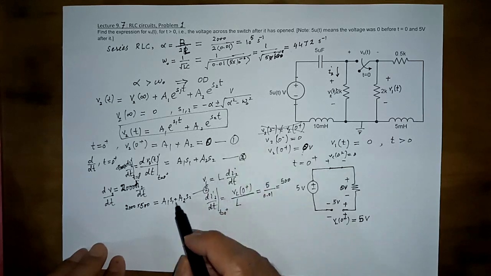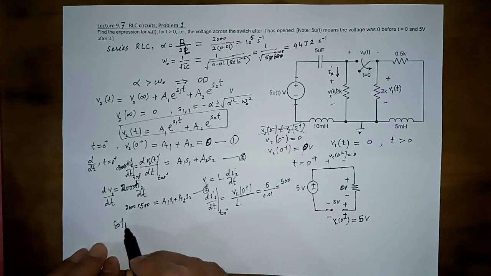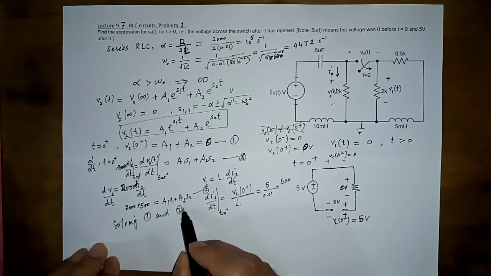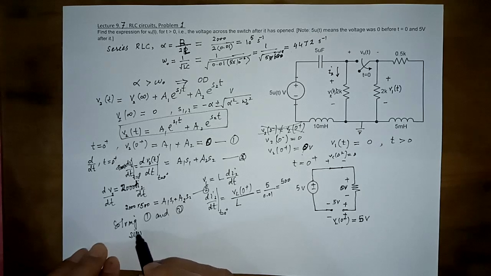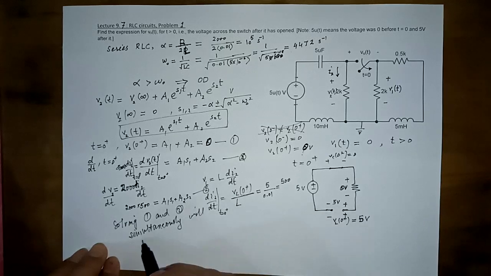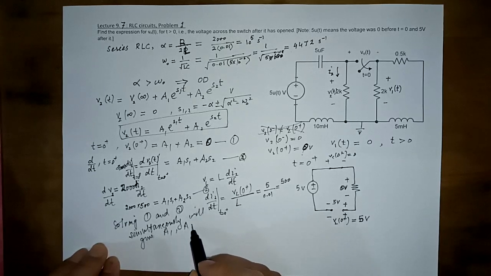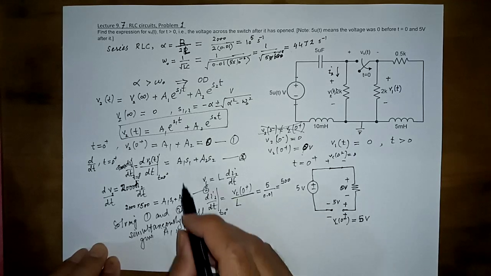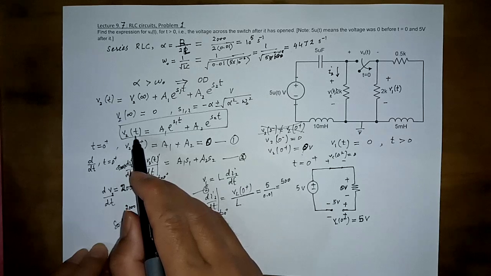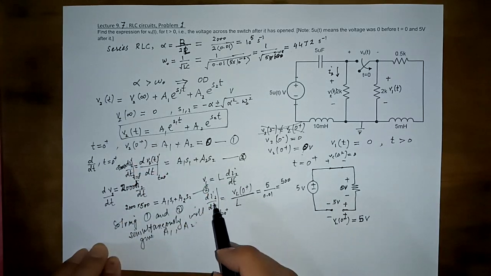Solving these two simultaneously, solving 1 and 2 simultaneously will give A1 and A2. And when we know this, we know what is the overall response. So I hope this is clear. It's simple.